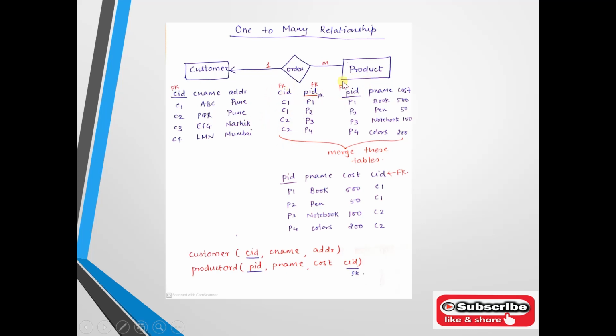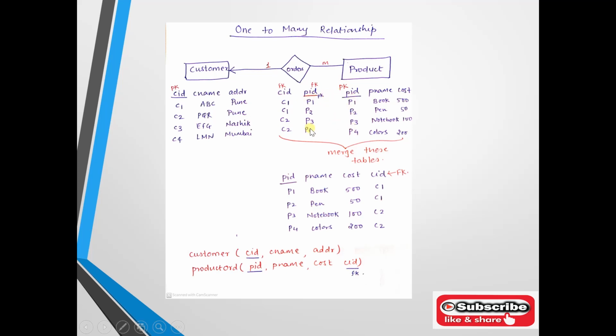So by the rule, we can merge these two attributes with product table. So when we merge this orders table into product, how many attributes the new table will contain? PID, PNAME, cost, CID, and again PID. But this PID and this PID will be same.